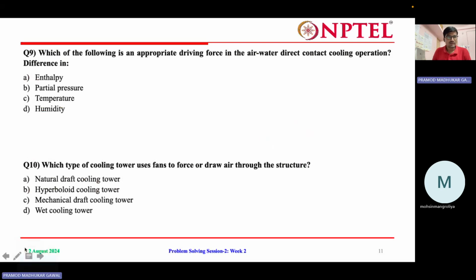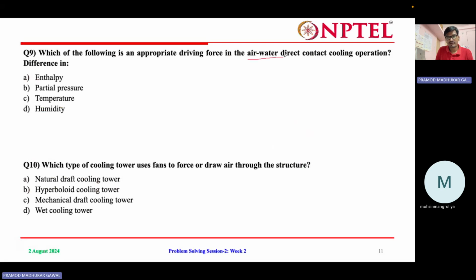Question 9: which of the following is an appropriate driving force in the air water direct contact cooling operation? Options given: enthalpy difference, partial pressure difference, temperature difference, humidity difference.